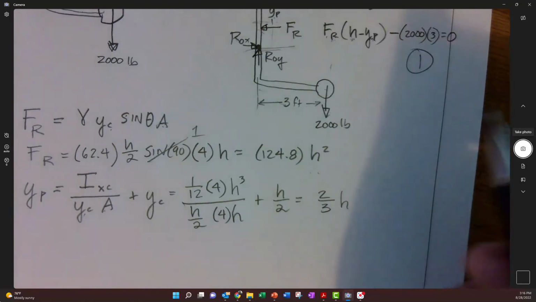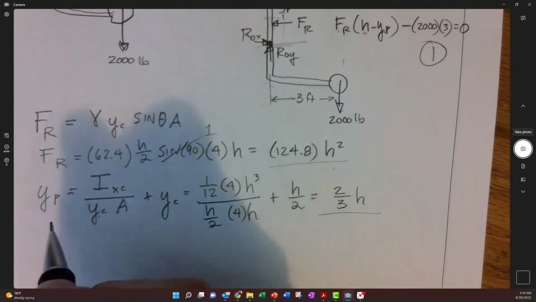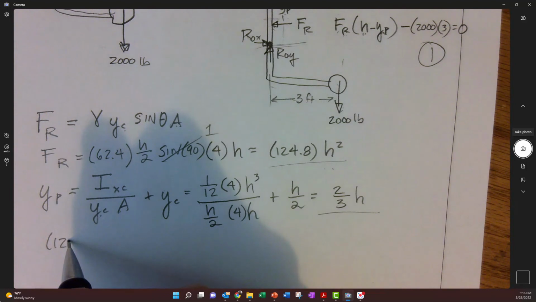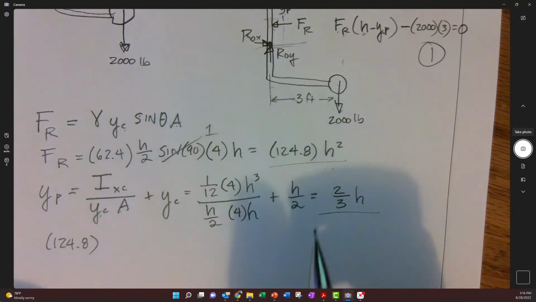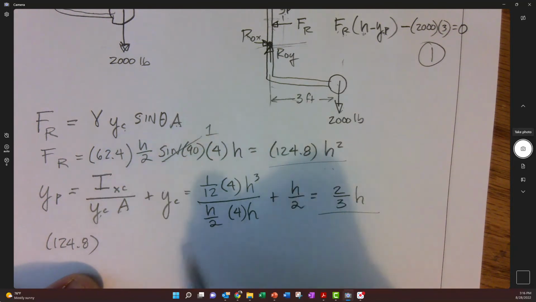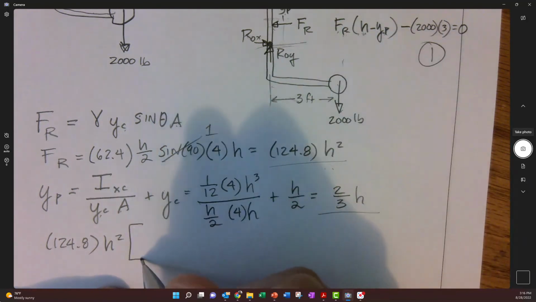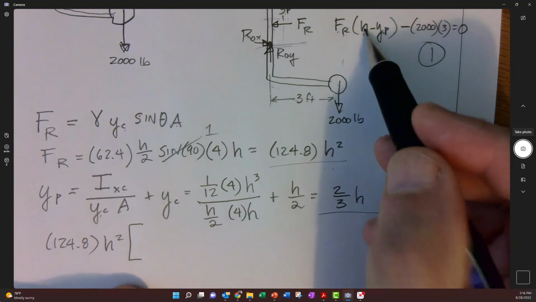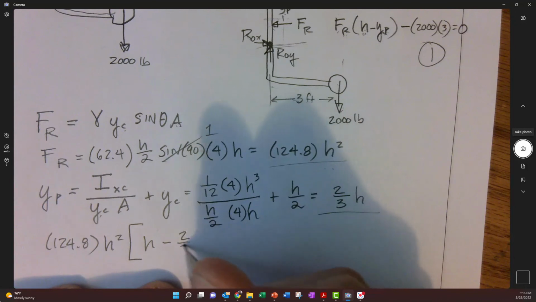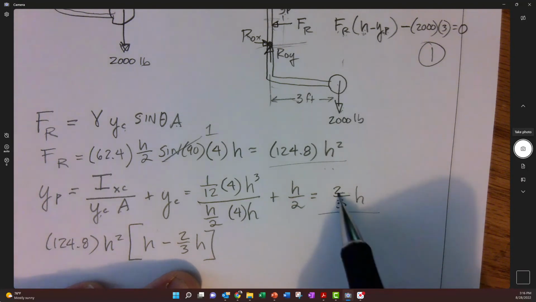So now we want to plug this and this back up into the equation that we had up above. So we're going to have FR of 124.8 H squared, and I'll put brackets in here, and we're going to have H minus our YP, which is 2/3 of H. Oh, and by the way, noteworthy, we could have predicted that, right?